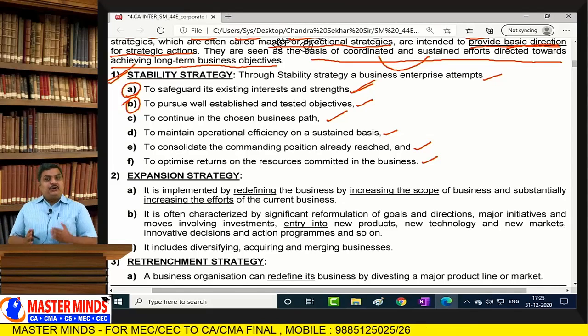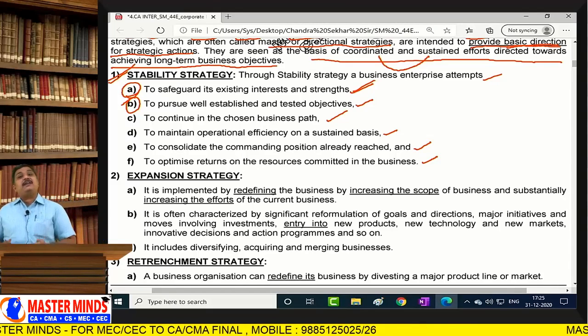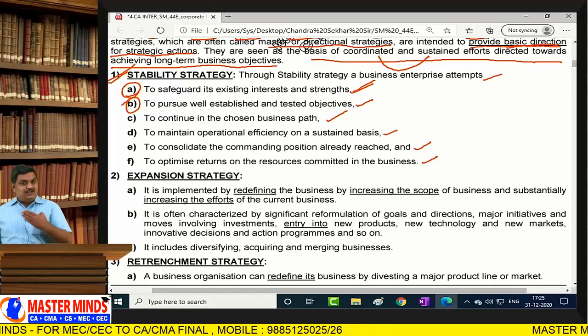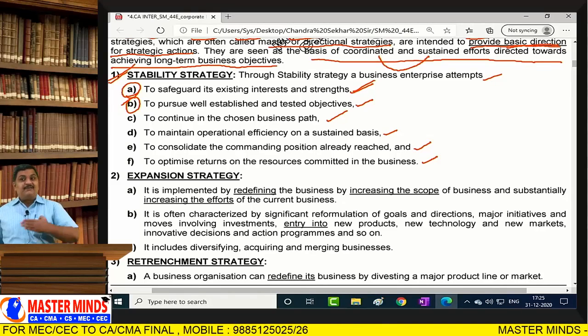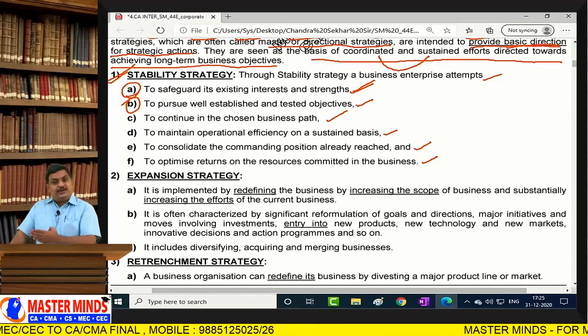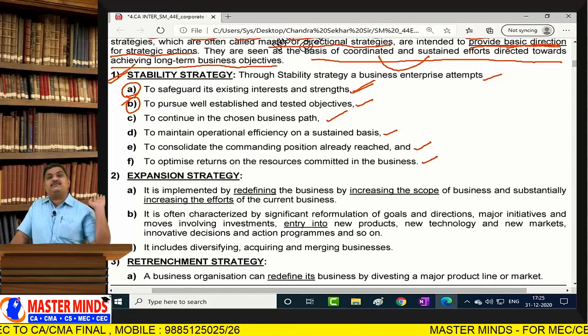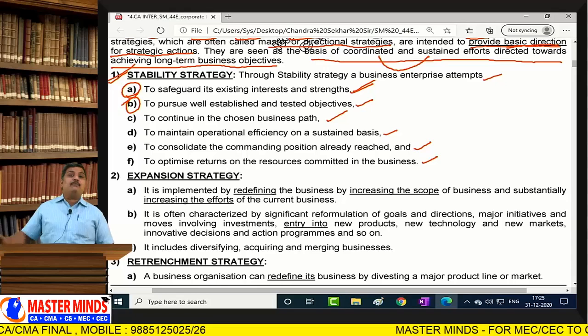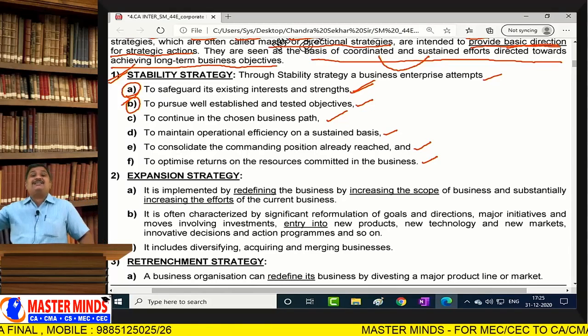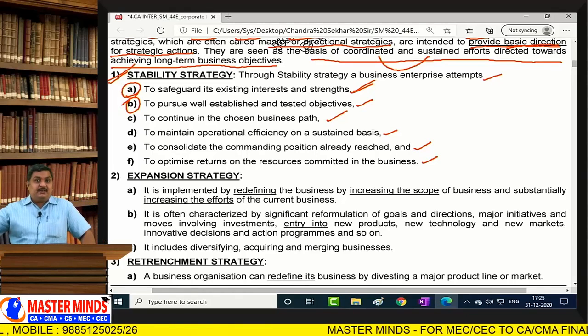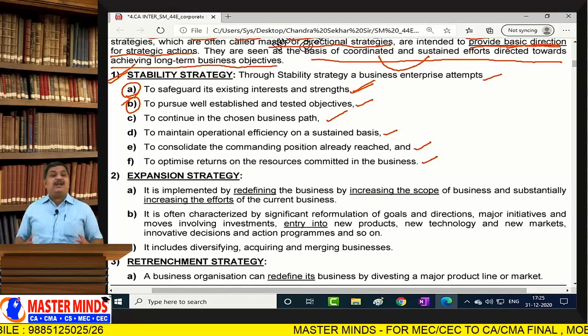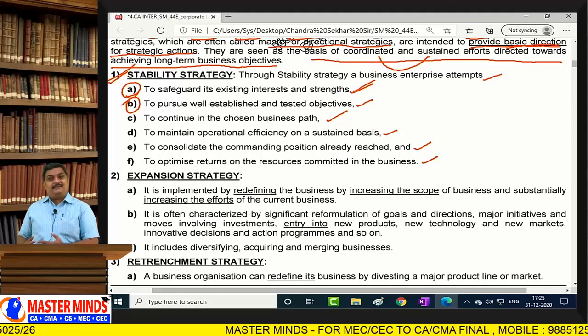That means we should only set the objectives which we are very confident we can achieve, where we have the capability and competency to do it. We will not go behind risky objectives, risky paths, because we want to stabilize. We don't want to venture into new things.